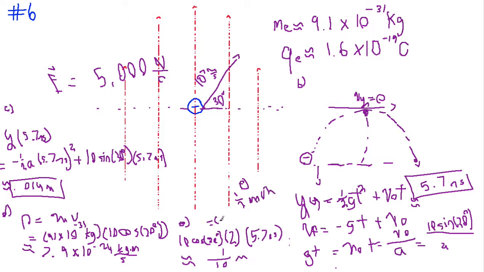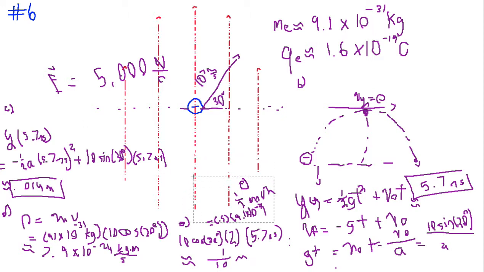That's equal to 0.5 times the mass, 9.1 times 10 to the negative 31 kilograms, and the velocity after entering the electric field, 4.9 seconds, and we multiply that by 10 cosine 32. Kinetic energy 4 seconds after entering. Okay.